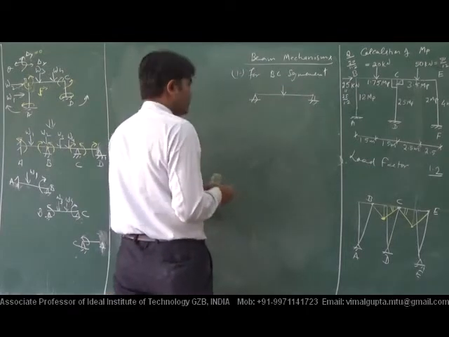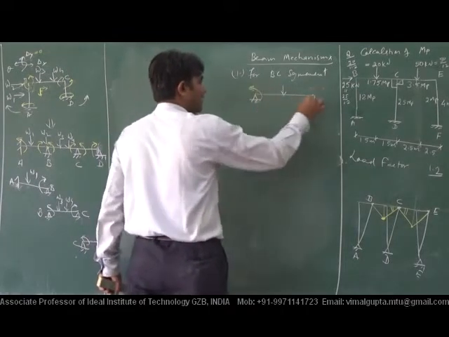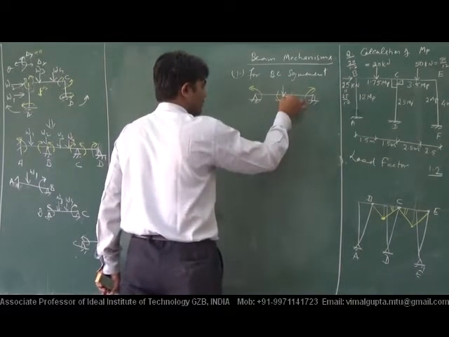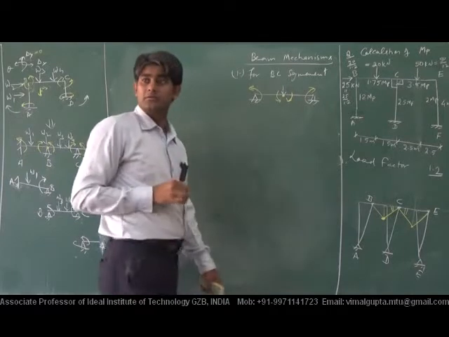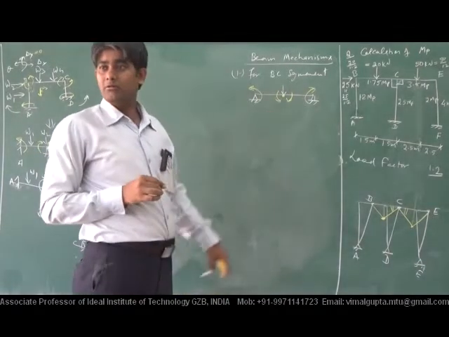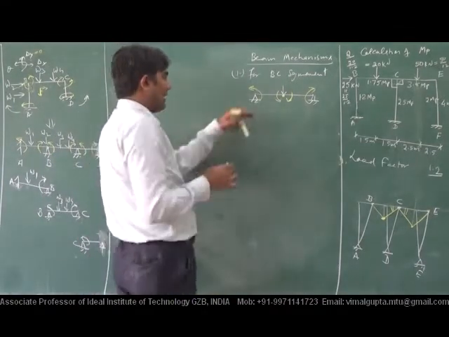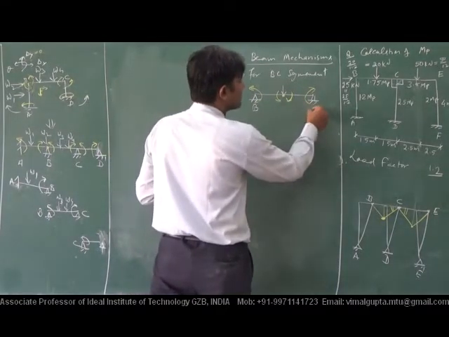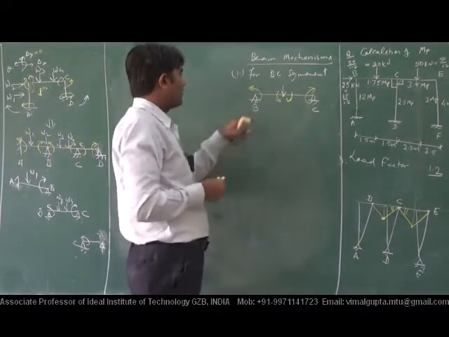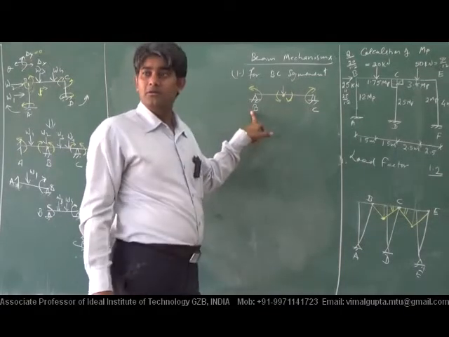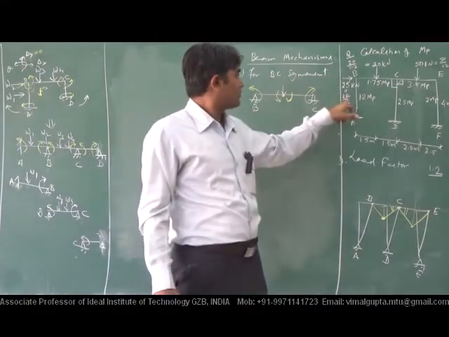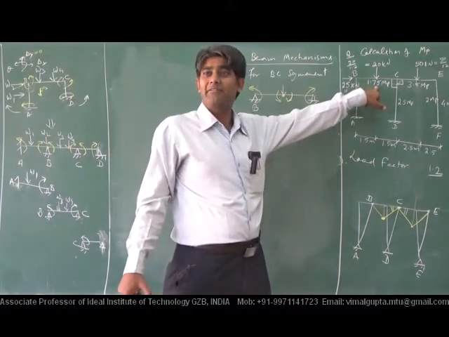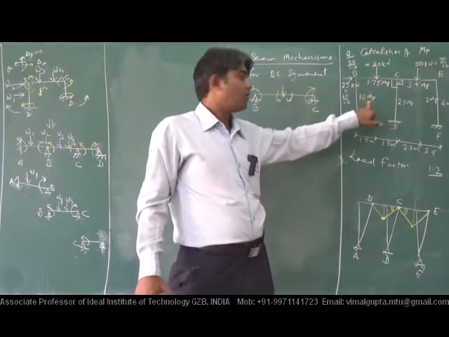So this one plastic hinge here, it will have. Now what will be the value? This joint is B, this joint is C. So at joint B, what will be that value? It is 1.25 and 1.75, so minimum 1.25 MP.